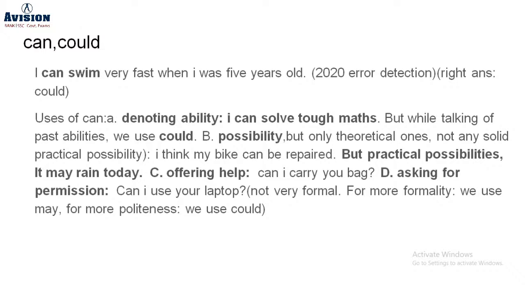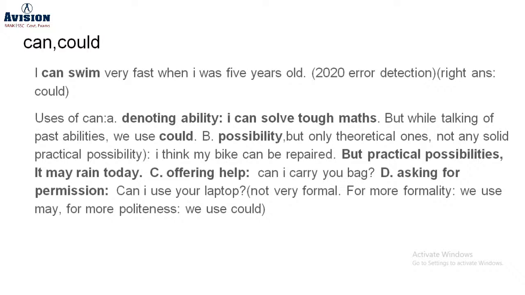Okay, so first we are starting with the use of can and could. Like I've written, in 2020 this question was given for error detection, right? The students were asked, the sentence was, I can swim very fast when I was 5 years old. So here I have just turned can swim into bold so that you can understand that this portion was wrong.